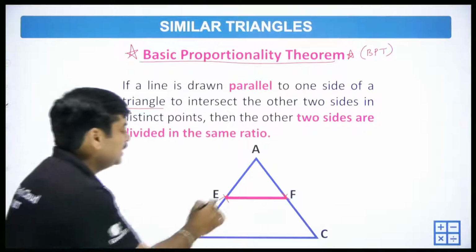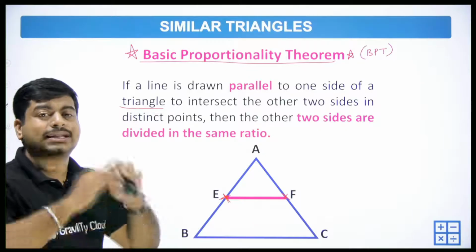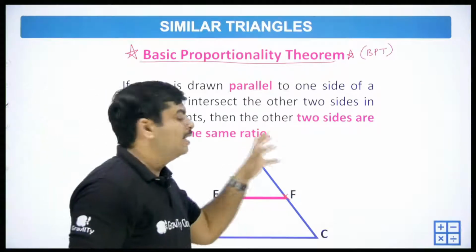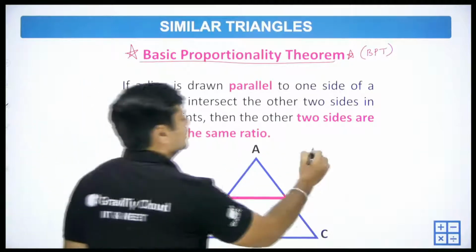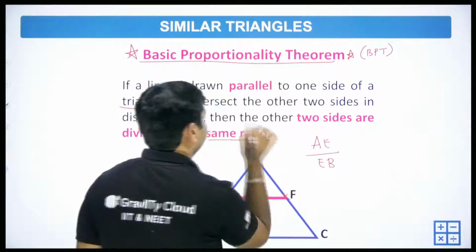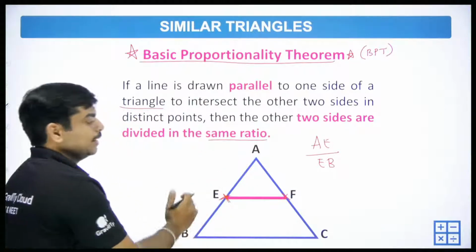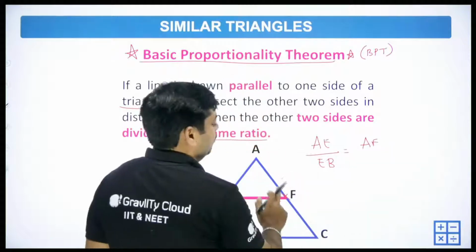E divides AB in some specific ratio, as F divides AC. That means the ratio AE by EB is equal to AF by FC.